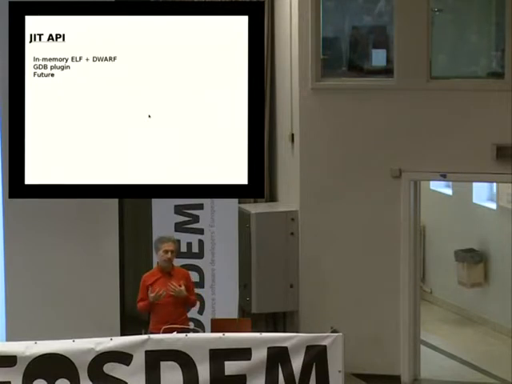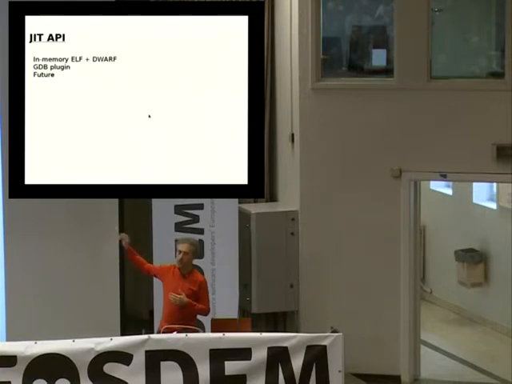But this plugin has a pretty simple API. It can represent less information to GDB, but on the other hand, it's code you wrote that runs inside of GDB. And so it can know a little bit more about the program you're debugging. And that way, you don't have to go through all the effort of writing out an ELF and DWARF. If your JIT already has data structures in memory describing the program, it can just read those directly and use those.